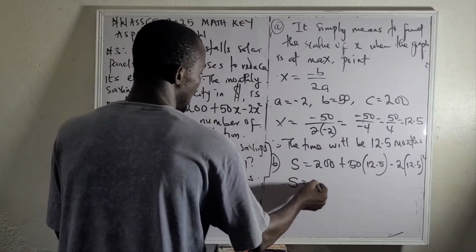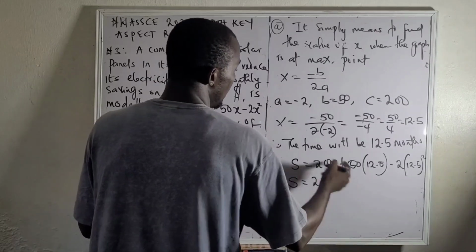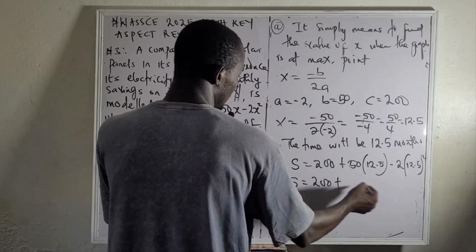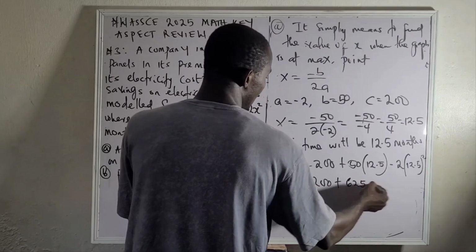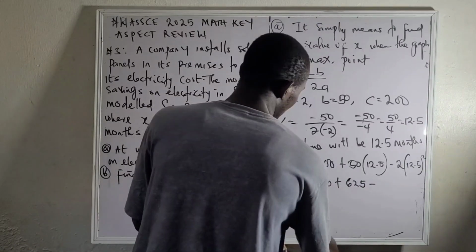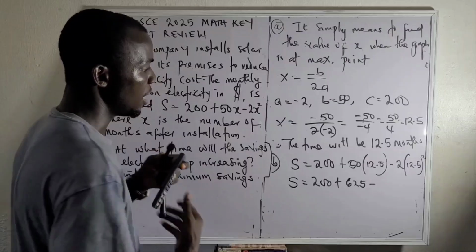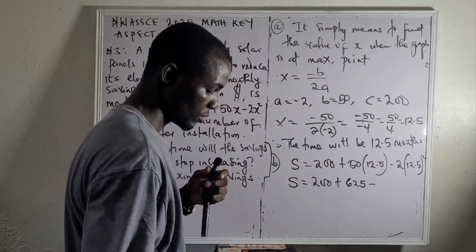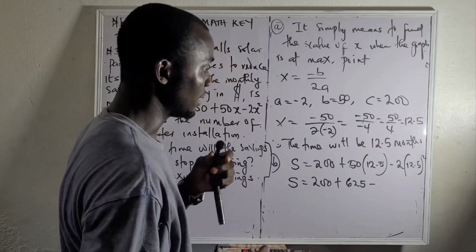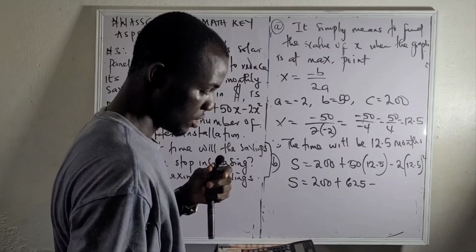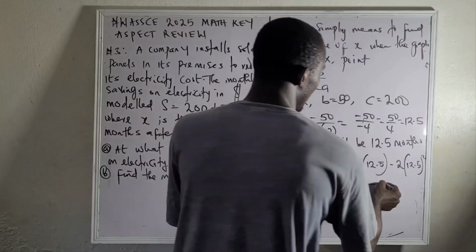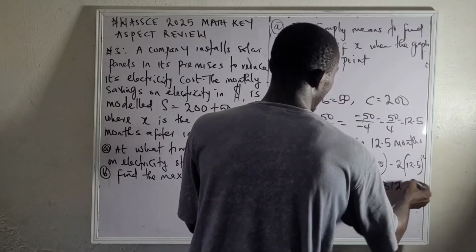That's what you are going to get. 50 times 12.5 would give us 625, and minus 2 into bracket 12.5 all squared will give us 312.5.